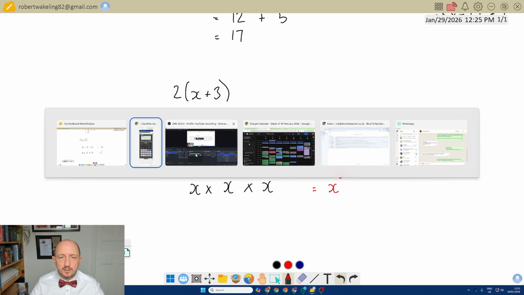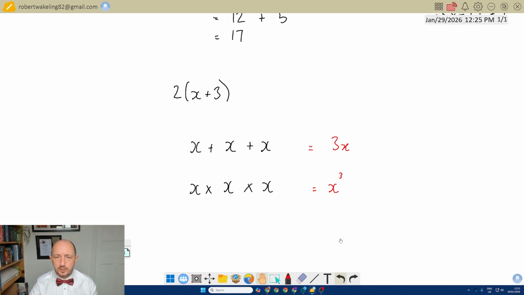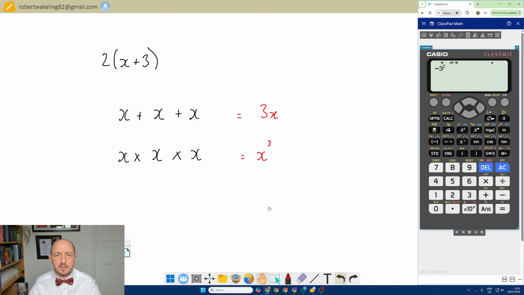So let's do this substitution process on our calculator. I'll just move that to the side. We're going to do the question x plus x plus x and calculate it with a random value of x. You can choose anything. So I'll do 10, nice round number, and it says 30.